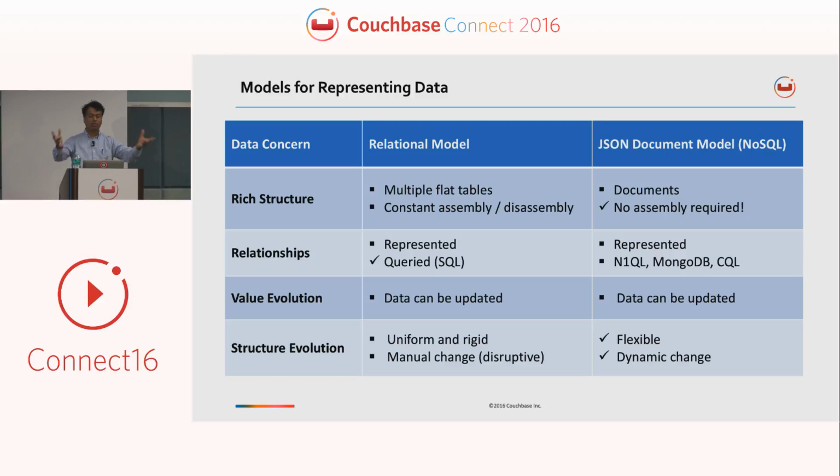When you query across different types of objects, you do want joins and assembling that information. Relationships are represented in both ways. The relational model obviously has a richer model to represent your relationships, and it comes with a SQL query language.